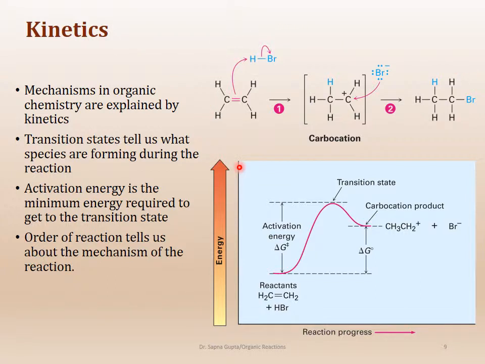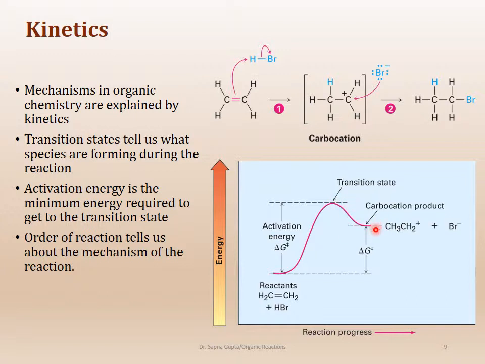And if you remember this diagram that you learned in Gen Chem 2, this is the kinetics diagram, where you have energy on one axis and the reaction progress on the other. And so you have this energy curve, and you have the starting point right here. It takes activation energy to get to the transition state, which then goes down to give you the products.